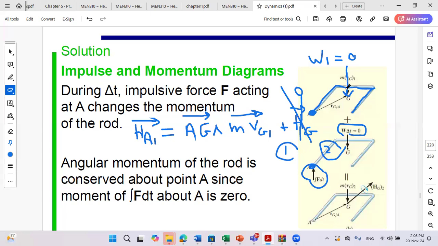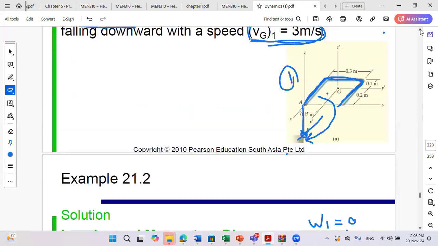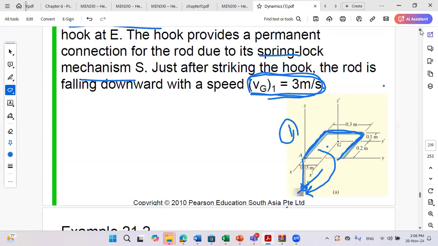about point A. They gave you the velocity of point G, and you have a position vector. You can do the vector product. If we go back to our figure, I can find the coordinates of vector AG.